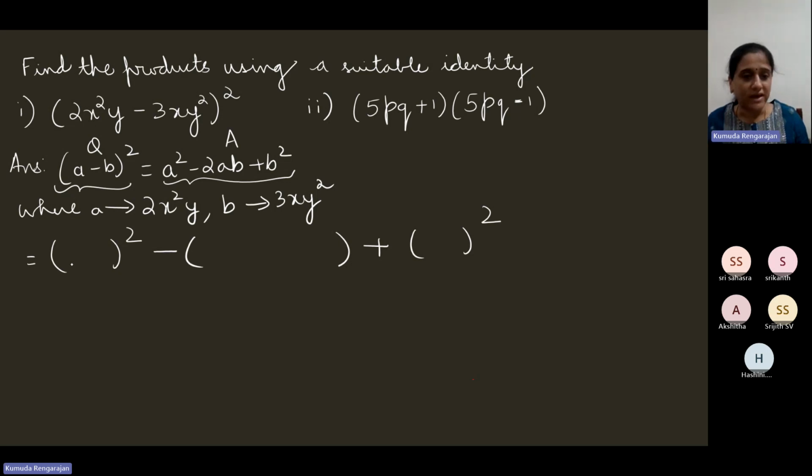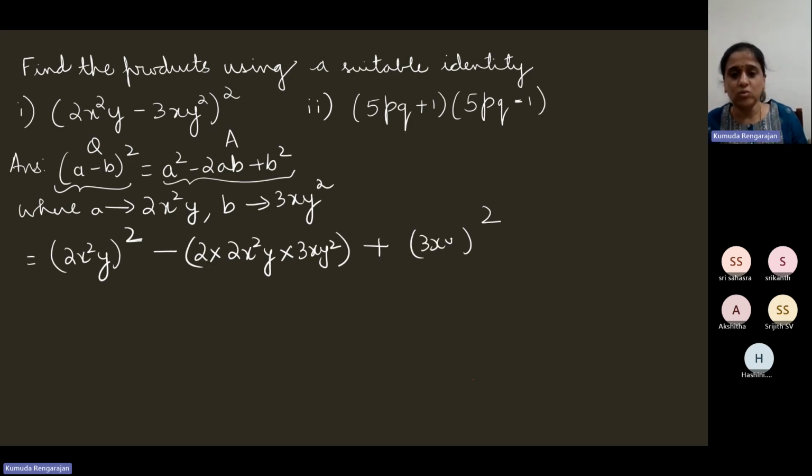So a squared, see, the square we've already written here, a is 2x squared y. So a squared minus 2 into a, this is a, into b, this is b. And here it is b squared, so 3xy squared.